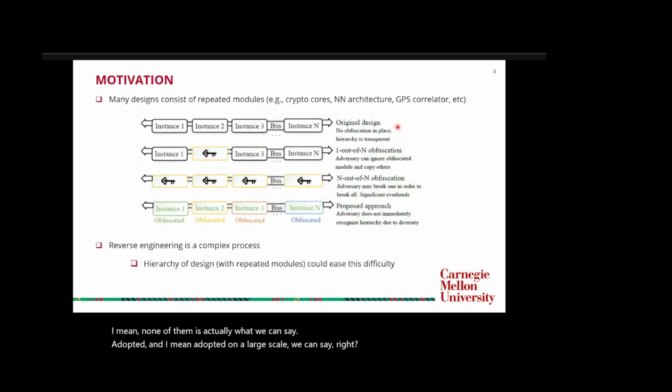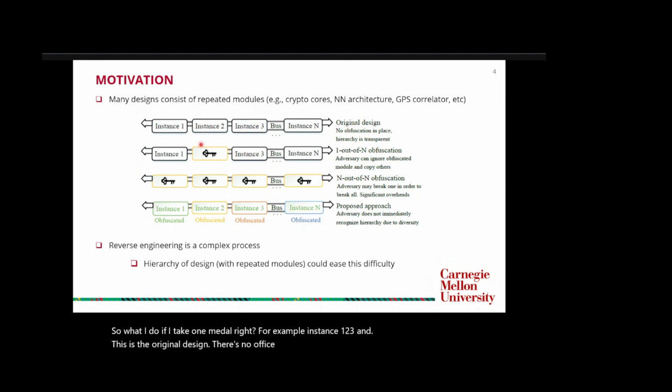Okay, so the goal of this work that I'm going to present is very simple. The thing is that you have a lot of designs where you want to replicate the IPs, right? You want to instantiate that IP or module, for example, a sub-module, in the netlist many times, right? So if I take one module, for example instance 1, 2, 3, this is the original design, there is no obfuscation.